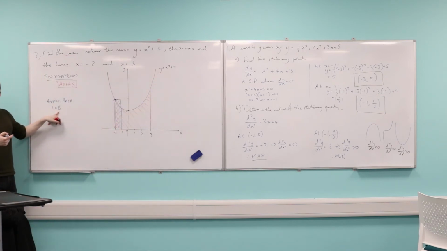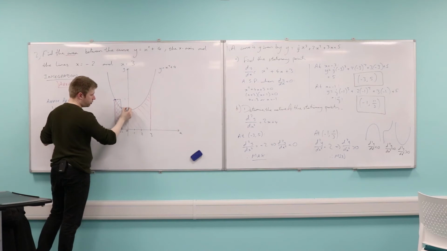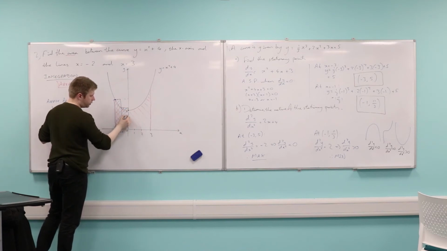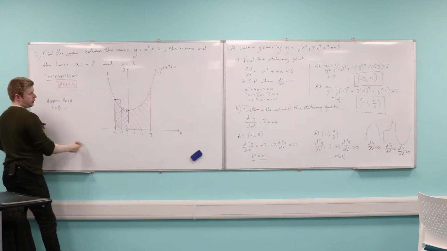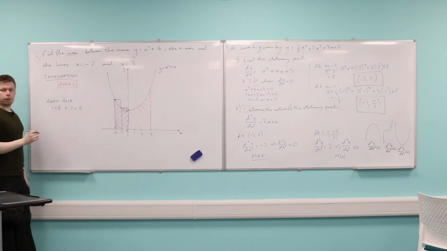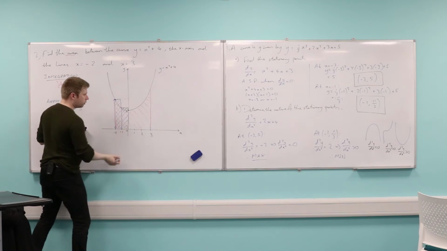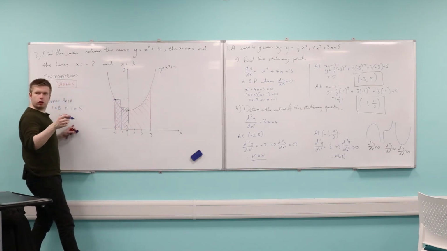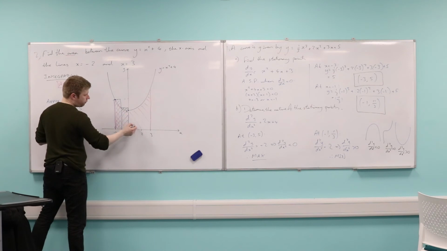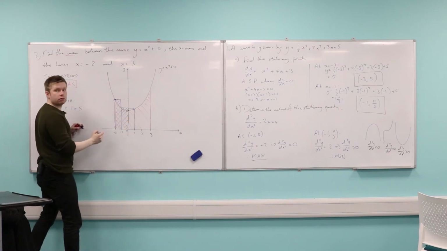Then we just do the same thing for the next rectangle. Let's go from -1, and work out the area of the next rectangle, this one here. What's the height of this rectangle going to be? 5. Then we keep going. For the next rectangle, if we want a good approximation, why don't we go for that height? So we work out the height from 1 instead.